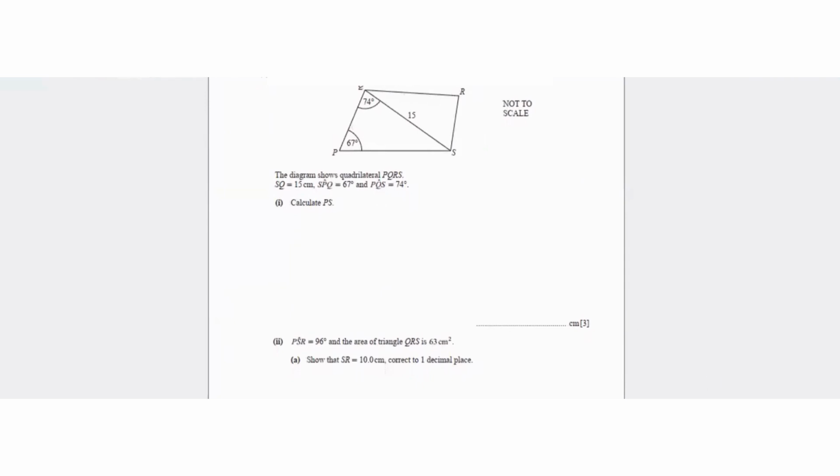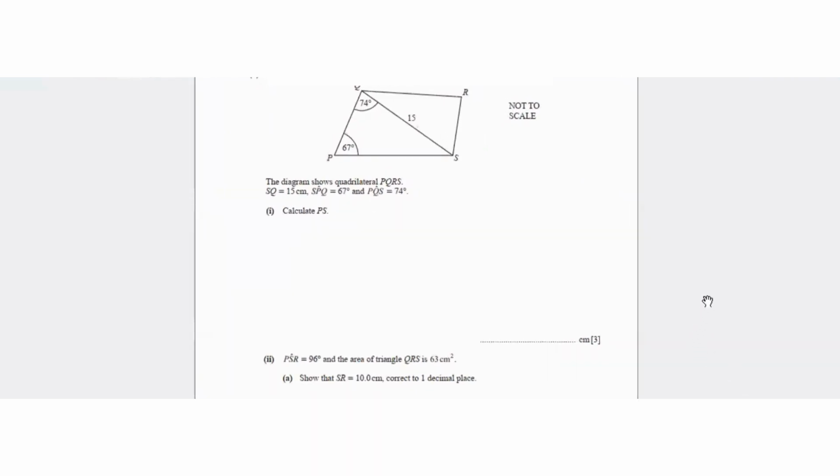So what we have is angle PSR, this complete angle is 96. The area of triangle QRS is given as 63, so that SR is 10.